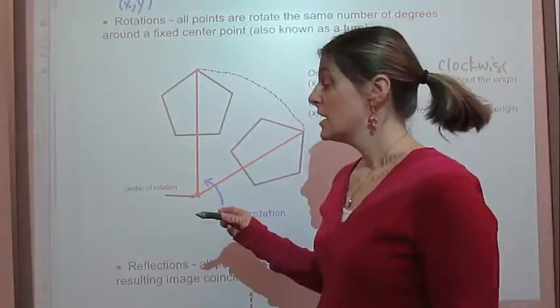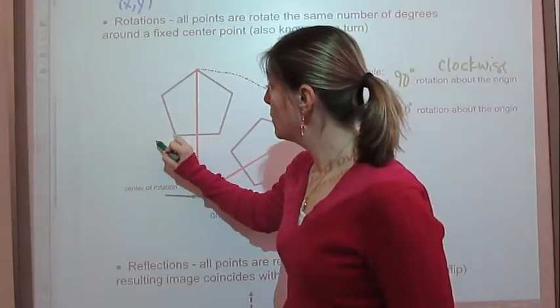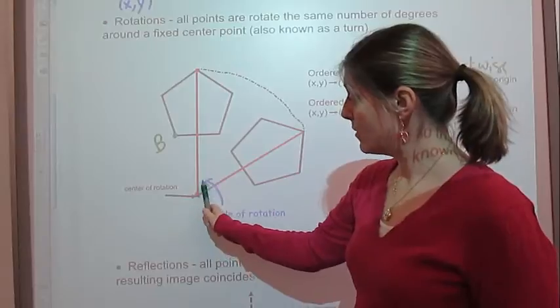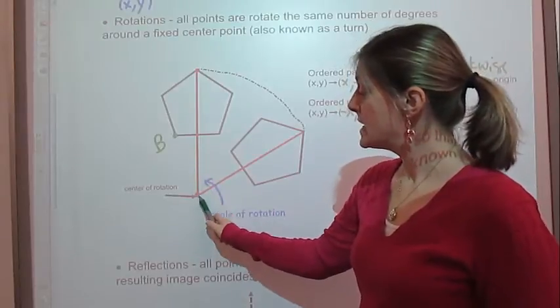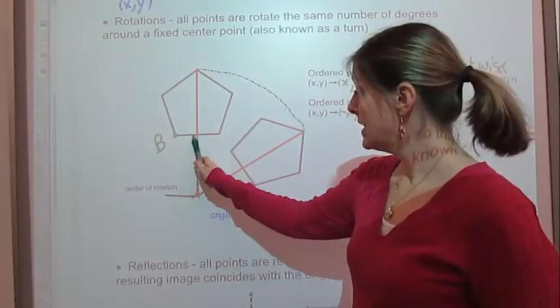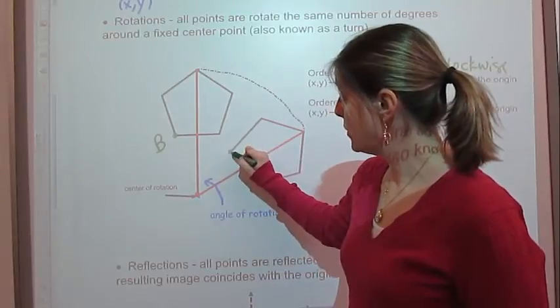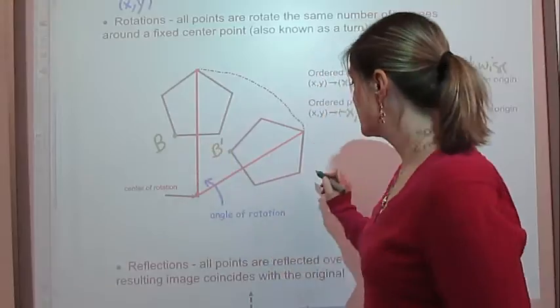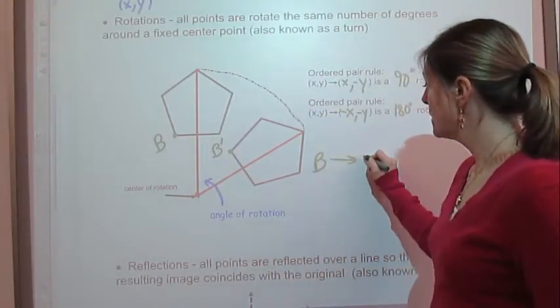So again, if we have this point, and we'll call it B, and it gets rotated this number of degrees by this center of rotation, it's going to get mapped onto this point, and so we call that B prime. So B gets mapped onto B prime.